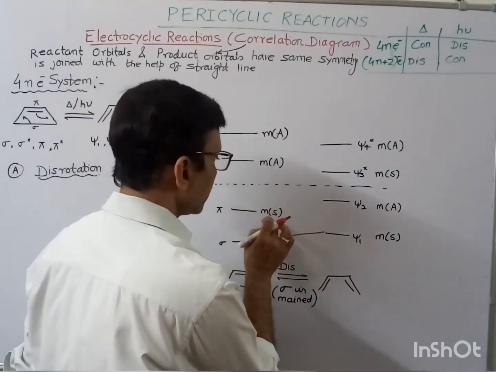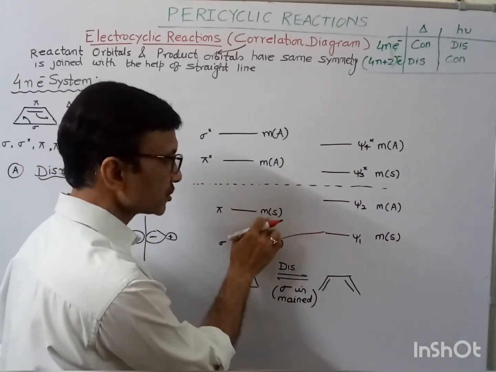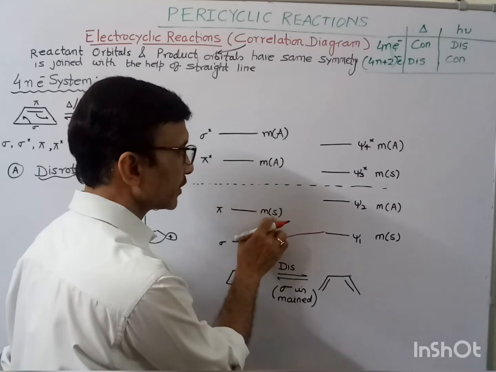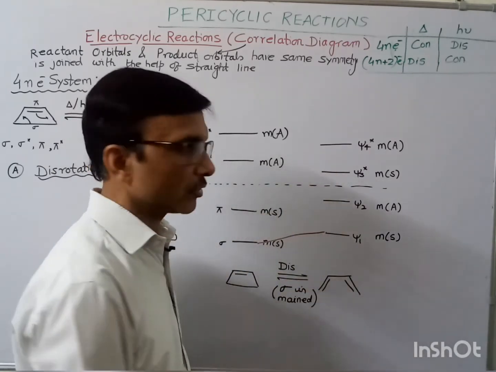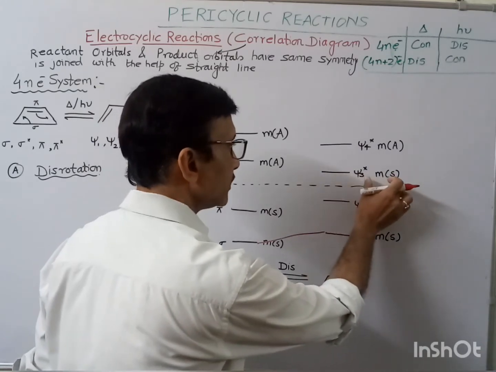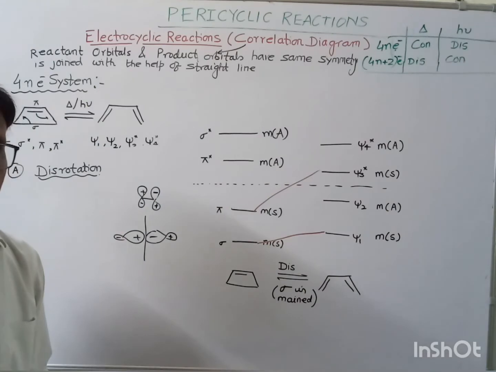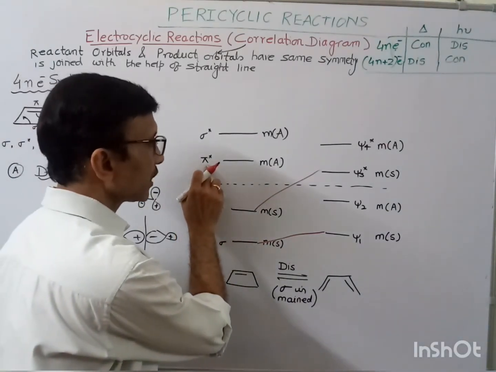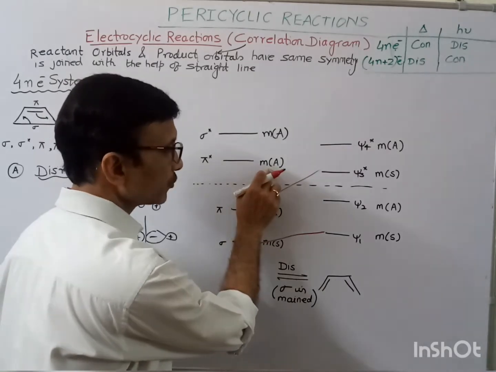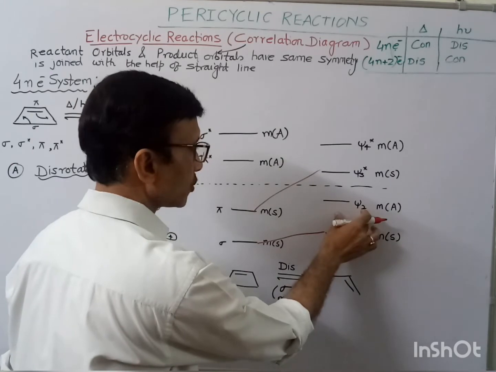Now if you see again pi, this pi is symmetric with respect to the mirror plane, so we will correlate it with the symmetric molecular orbital only. So in the product, only psi 3 star is symmetric with respect to the mirror plane, that's why I should join like this. Now pi star is antisymmetric with respect to the mirror plane, so I should join with an antisymmetric product molecular orbital.